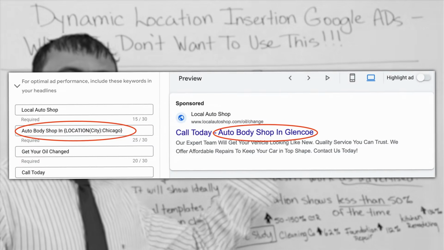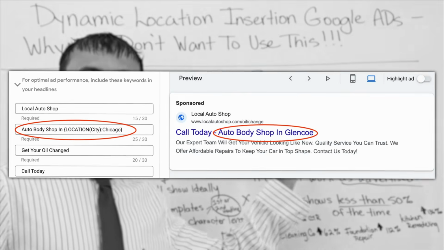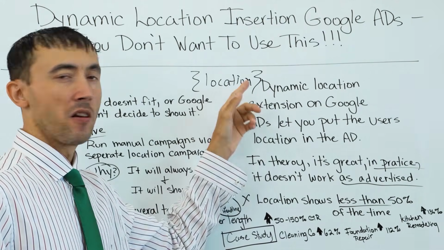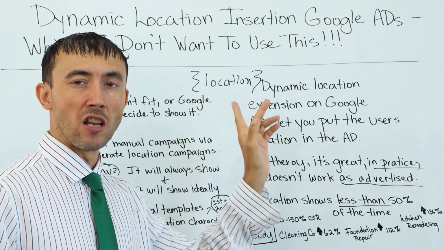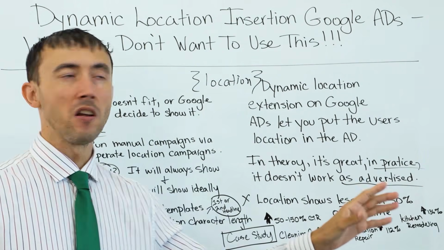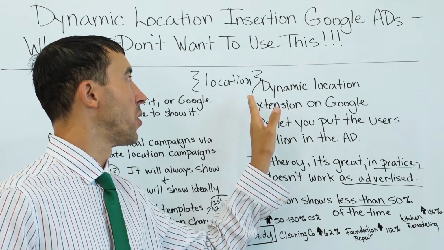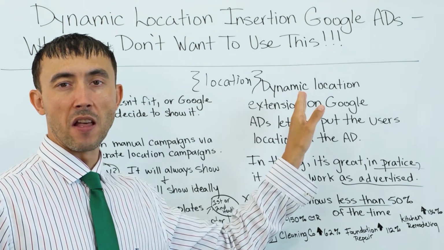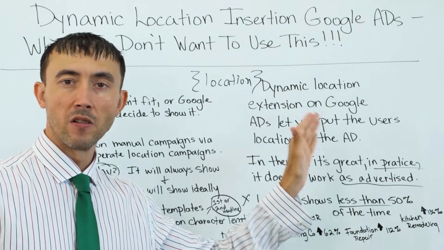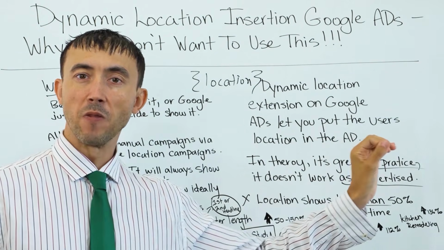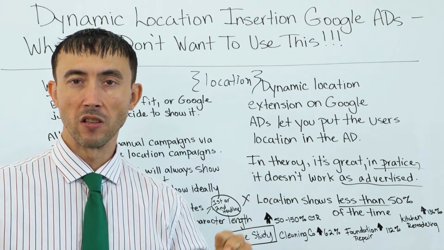Actually, I just verified again, that is still what it is to this date. Google didn't change it. If you want to use dynamic location extension, even after I'm telling you not to, you could put an alternative, just like with dynamic keyword insertion. If the location isn't available or it's too big or whatever, you could put Chicago or Dallas in there by default in case it doesn't work.